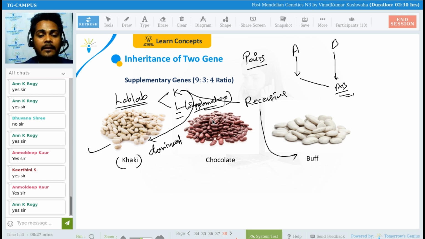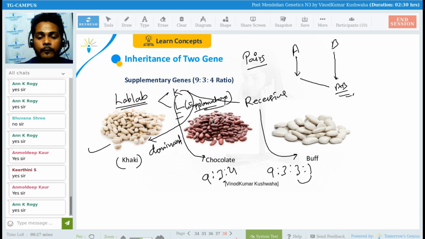That means this K, because of the supplementary gene, is going to produce a chocolate color. This changes the effect of the dominant allele of the pigment-forming gene into a chocolate color. And because of that, the normal ratio 9 is to 3 is to 3 is to 1 is converted, so it becomes 9 is to 3 is to 4.